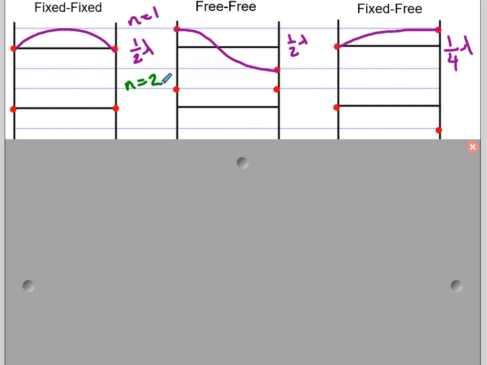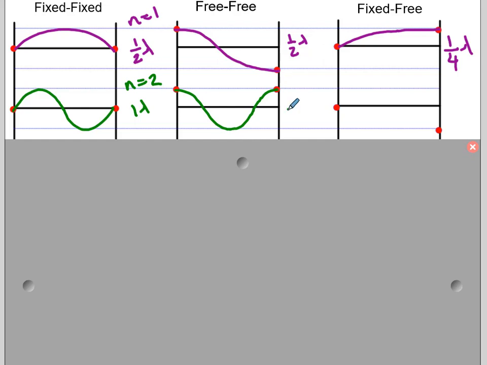Now if I do fixed, I have to go up. That would be the first right there. And now I come back. And you'll notice now I have 1 full wavelength. If I look at free, I have to go all the way down. Well, there's the first, but I have to finish at a new free.